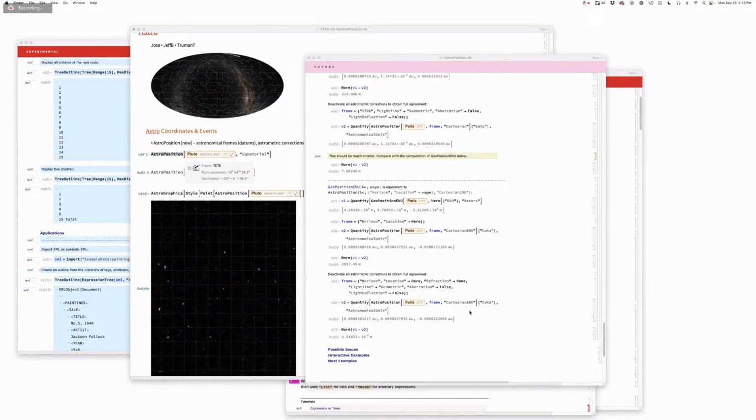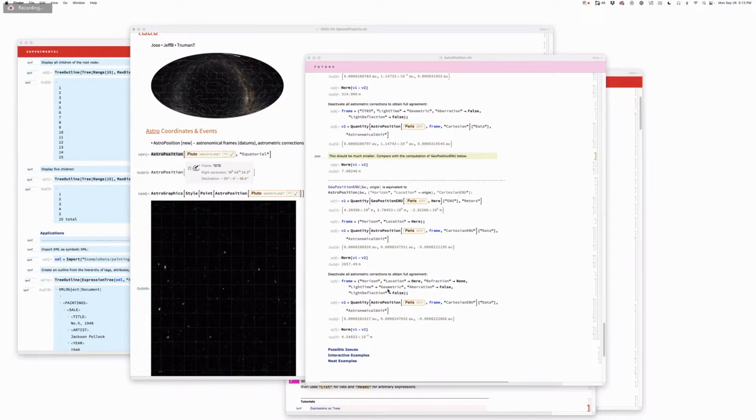So this frame, you see, light time, aberration, light deflection, you have to undo those things in order to get micrometer agreement.